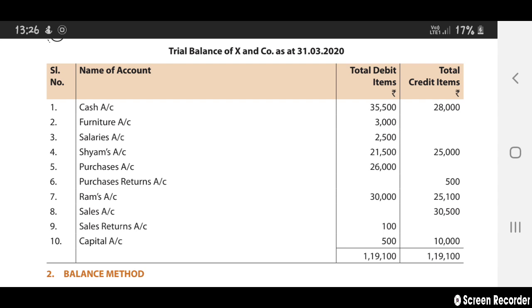Furniture account debit 3,000, salaries account 2,500, Shyam's account debit 21,500 and credit 25,000, purchase account debit 26,000 and credit 500, Ram's account debit 30,000 and credit 25,100, sales account credit 30,500, sales return account debit 100, capital account debit 500 and credit 10,000. The total of debit and credit is 1,19,000. It is balanced.